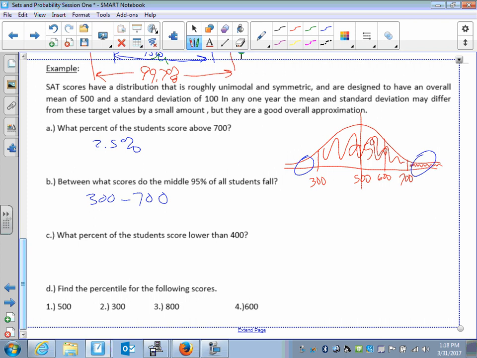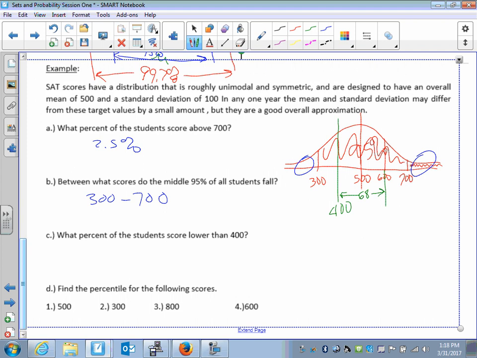C, what percent of students score lower than 400? Now, let's find a different color here. And if I can mark this up without you getting really upset, here's 400. Notice it's one standard deviation below the mean. Okay, now, we know that from 400 to 600, from here to here, is 68%.